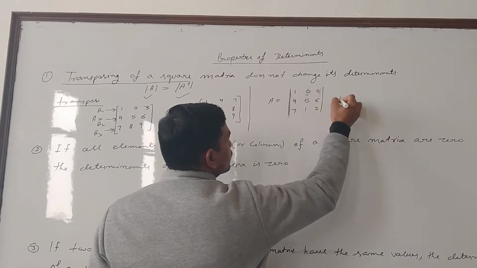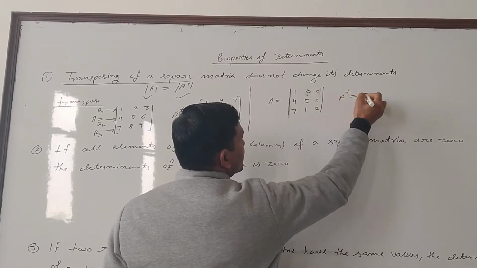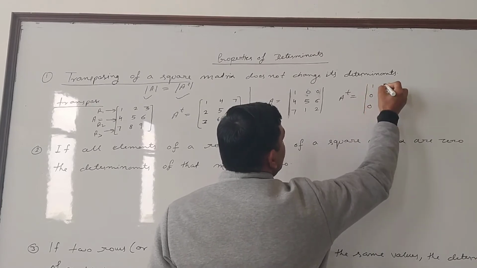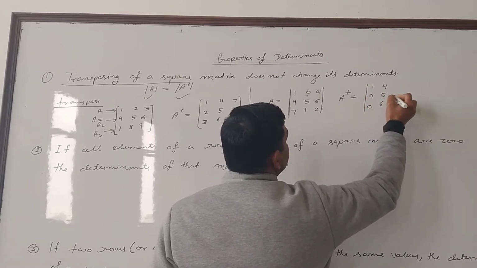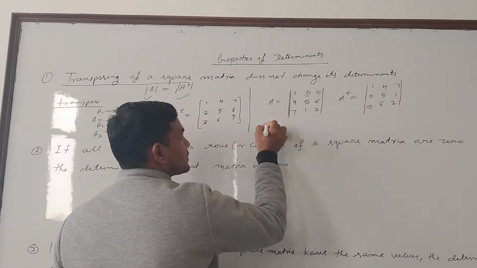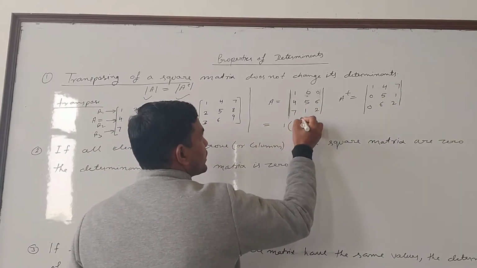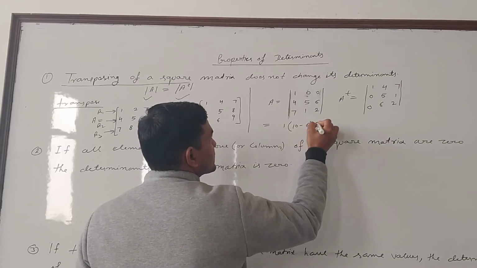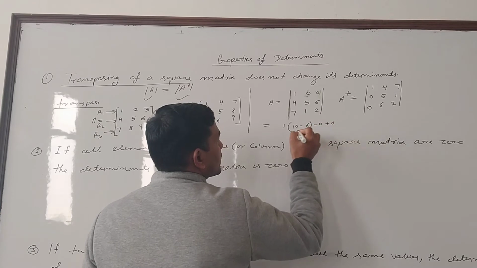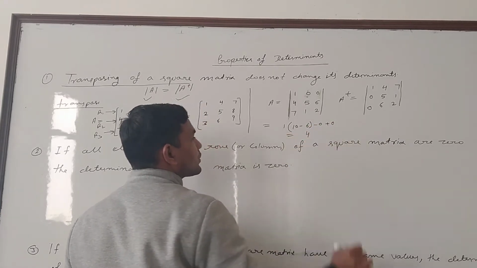And the transpose of this is A transpose, equal to 1 1 0, 0 4 5, and 6 7 1 and 2. The determinant of this is 1 into 10 minus 6, minus 0 and plus 0. Then the determinant is equal to 4.